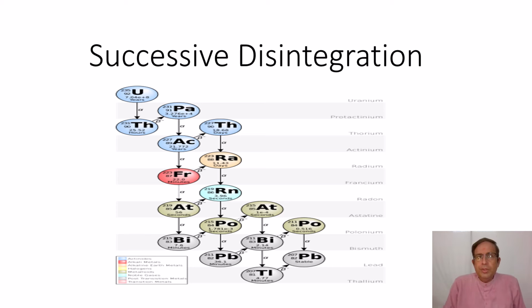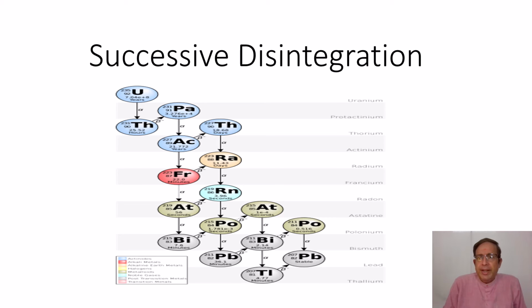So hello dear students. Now in this subunit we are going to discuss an interesting phenomenon known as successive disintegration, in which a nucleus disintegrates into the final daughter nucleus through a number of steps, and in each step the intermediate nucleus that is produced is also radioactive.